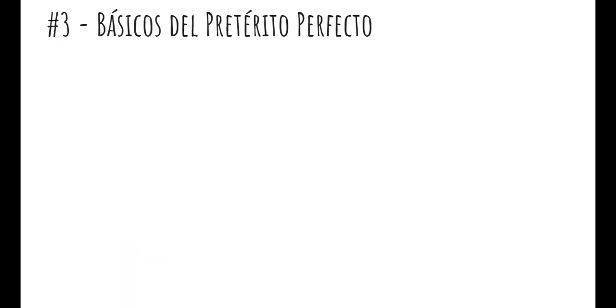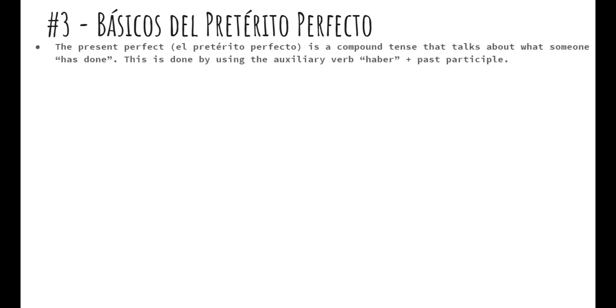All right, so how does the present perfect, or in Spanish called the pretérito perfecto, how does that work? So the present perfect is a compound tense that talks about what someone has done. So this is done by using the auxiliary verb haber plus a past participle, which we just talked about how we made those.